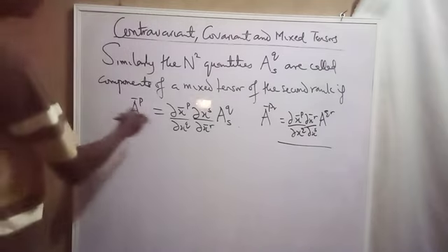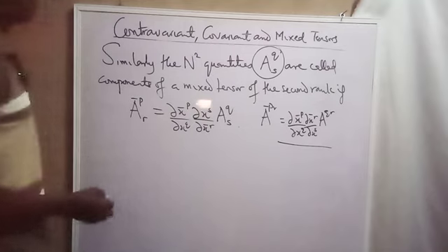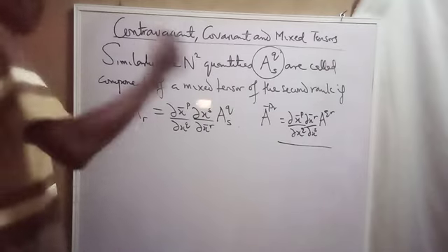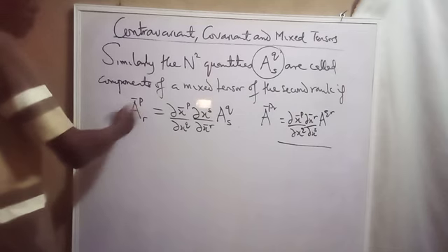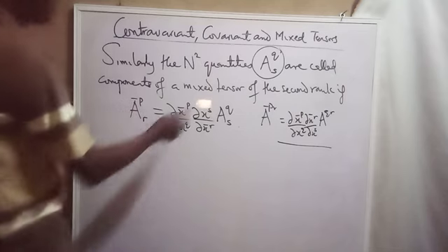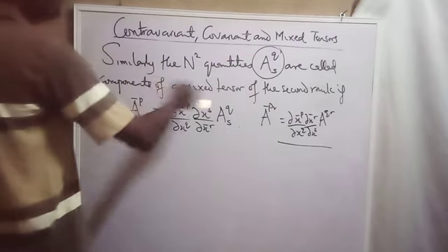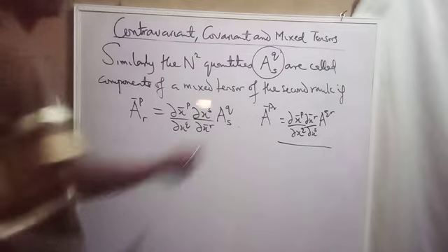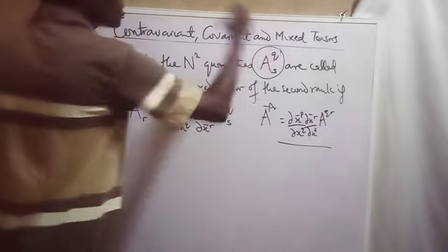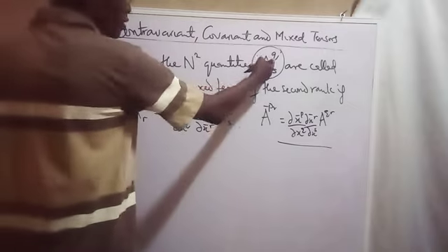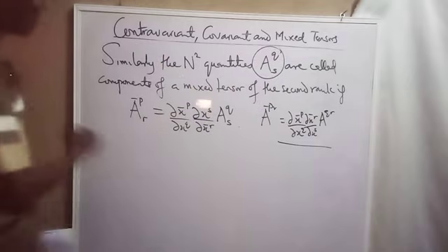Now here we have been given that this is the first quantity, then the second one is what we are transforming to now. So that's why you have A q s here. We call it a mixed tensor because we have an index as superscript and an index as subscript. We have a combination of contravariant and covariant tensor, so we call it a mixed tensor.